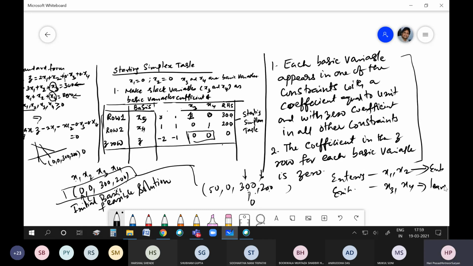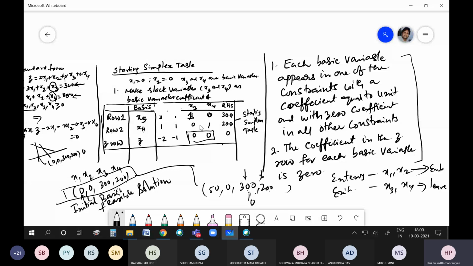So how can we get this? Any idea? There are 4 ways to do that. In this problem, this is a simple problem, but by seeing the coefficients of x1 and x2, can you tell me which one it will be?